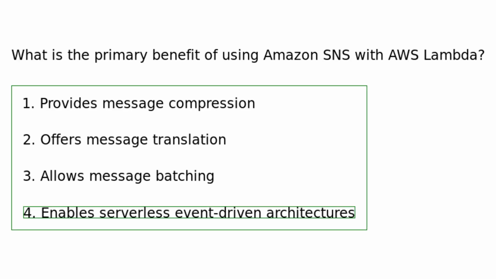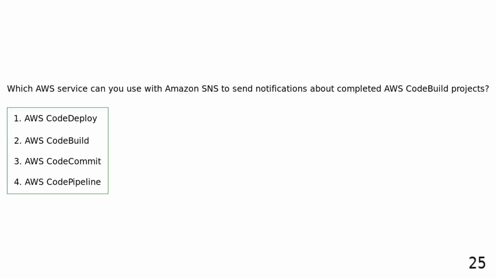Using Amazon SNS with AWS Lambda enables serverless event-driven architectures, where Lambda functions are triggered by SNS messages without managing infrastructure. Which AWS service can you use with Amazon SNS to send notifications about completed AWS CodeBuild projects?